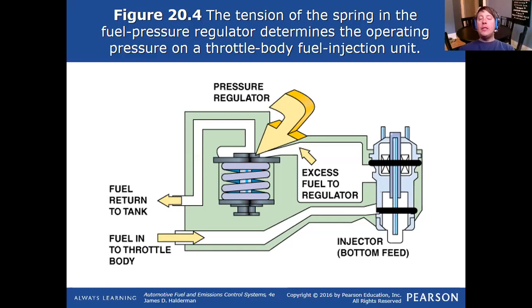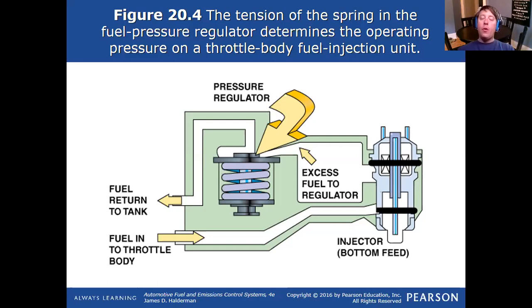So if 50 psi is what's needed for that engine to run, so the manufacturers designed the entire computer system to deliver fuel based on 50 psi, that regulator will hold the fuel rail pressure at 50 psi. Anything above that will be dumped off back to the tank and not used. It'll literally bypass the fuel rail entirely.